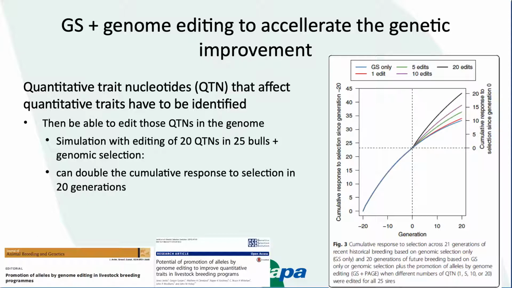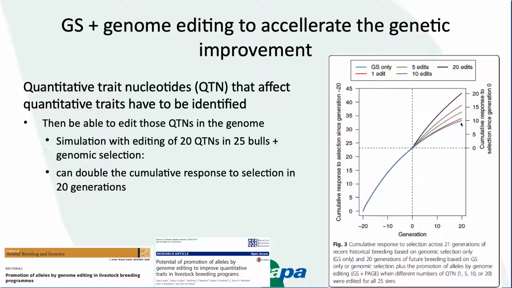There is a simulation that was performed by the Roslin Institute 6 years ago, in which they simulated editing 20 QTNs, 20 SNPs, in 25 bulls, plus genomic selection. They found that doing that, it would be possible to double the cumulative response to selection in 20 generations. That's what we can see in the graph on the right side.